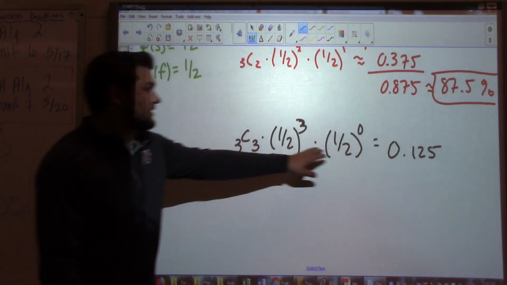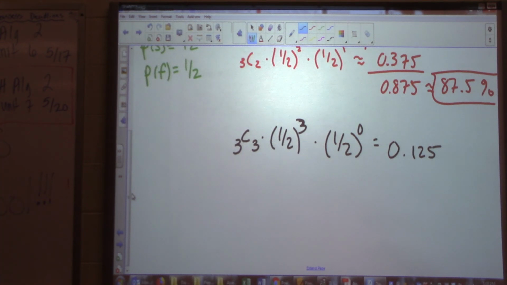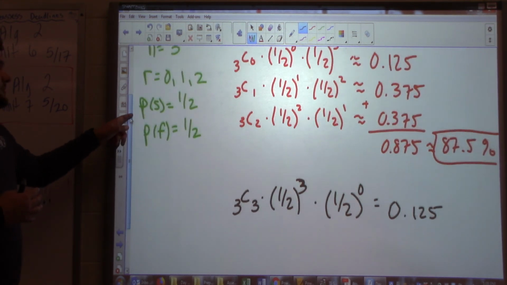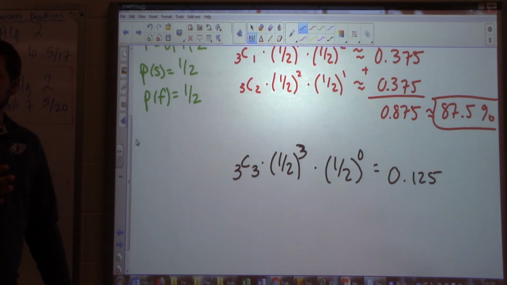Right? Doing one calculation and doing 1 minus saves you a lot of time compared to doing 3 calculations and adding them up, right? So sometimes working backwards might actually be a little bit more efficient. Alright? Does that make sense? Okay, any questions?